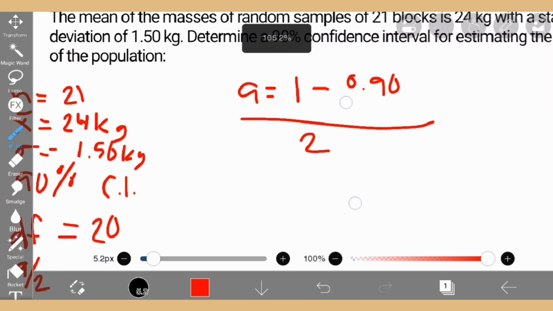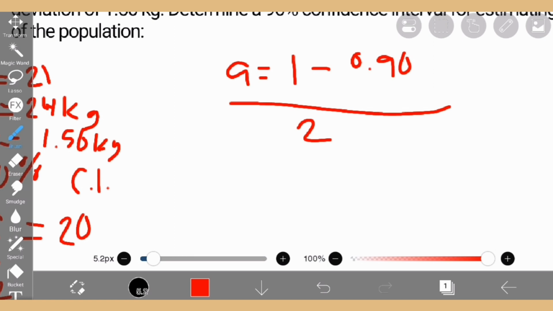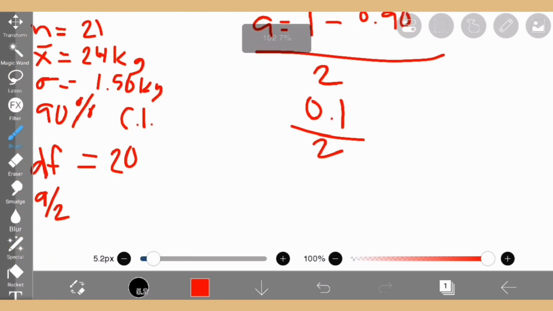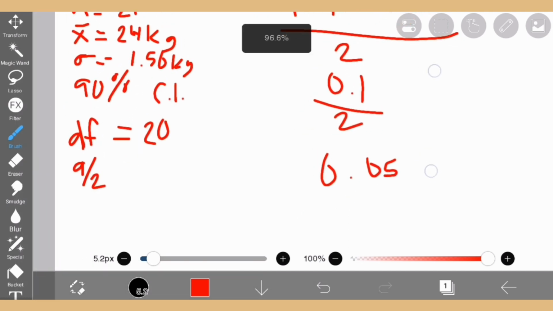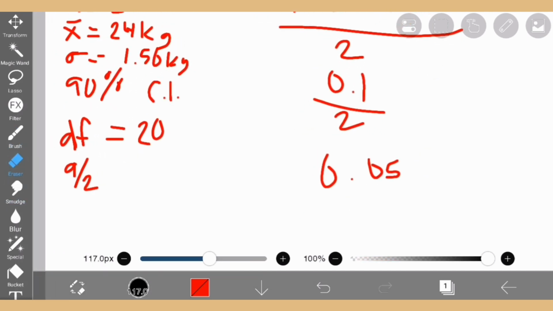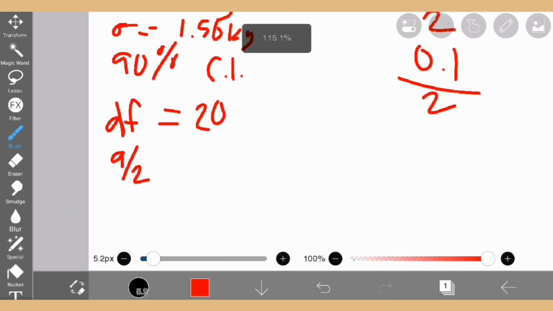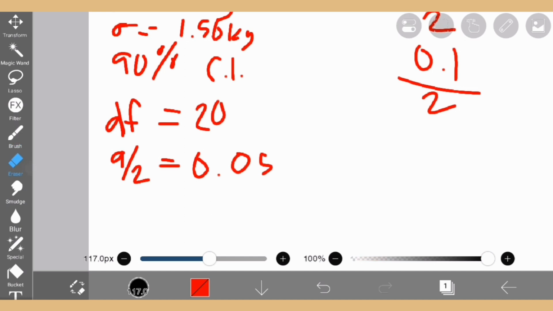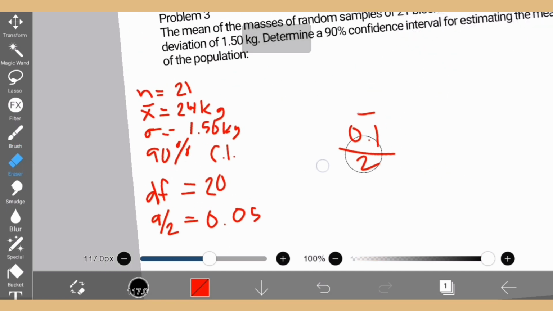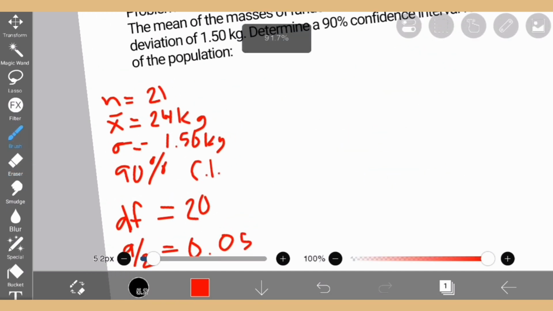That will become 0.1 over 2, and then that will become 0.05, not 0.5 because that would be 0.50, but 0.05.